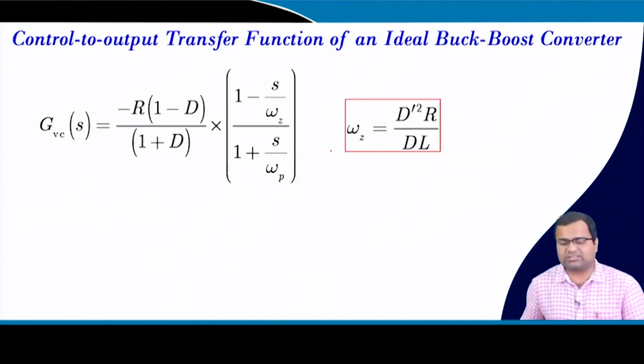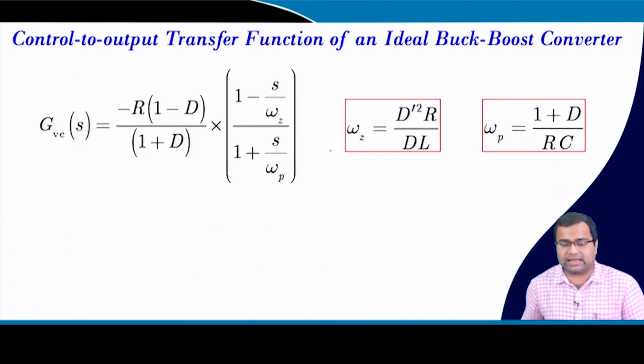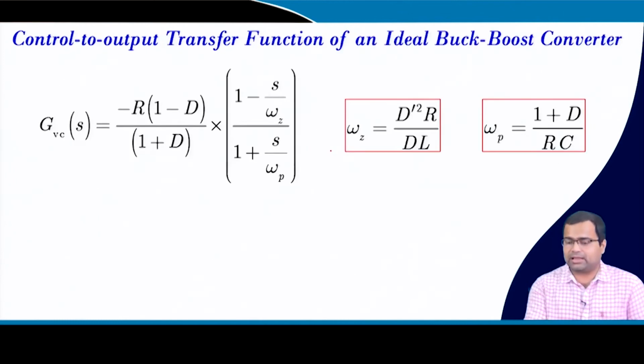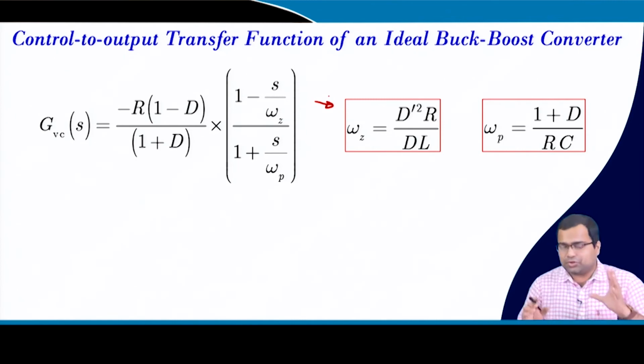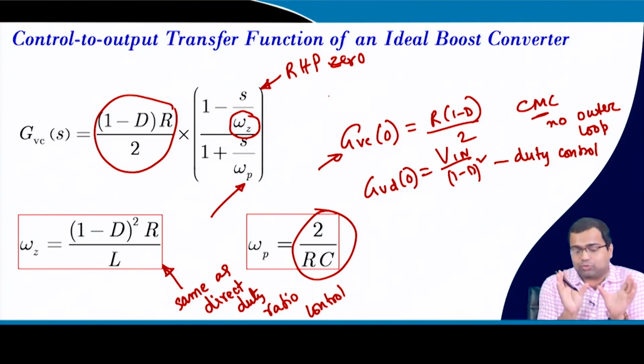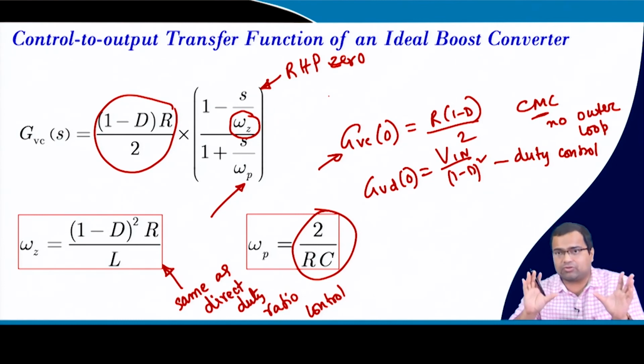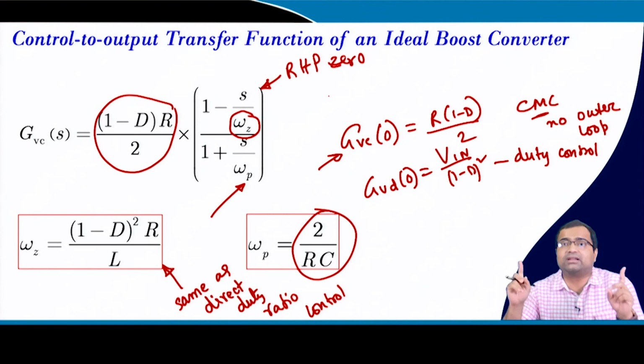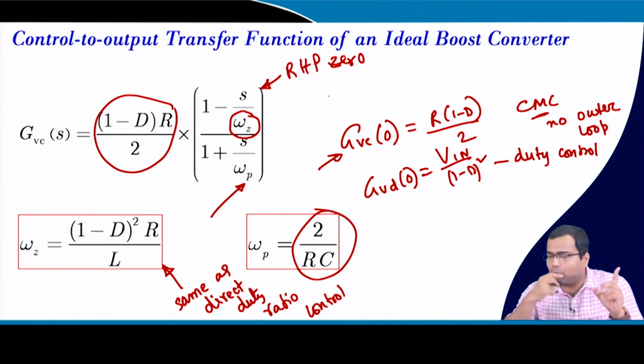The control to output transfer function of a buck boost converter can also be derived in a similar way, and you will also get a right half plane zero, and it will also have a single pole. The best thing about this is that when you design closed loop control of a boost converter, in duty control it has 2 poles, which are generally complex conjugate, and one right half plane zero.